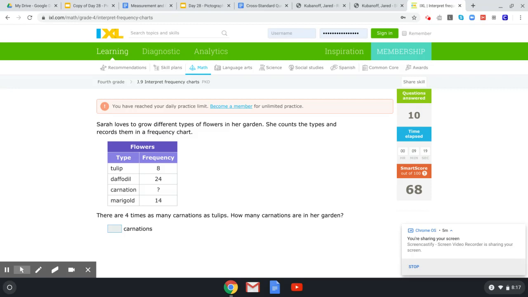So I'm taking that 8 and I'm making it 4 times. What is 4 times 8? Well, the product is 32. So how many carnations are in her garden? The product is 32. 32 is 4 times the number of tulips, which are 8.